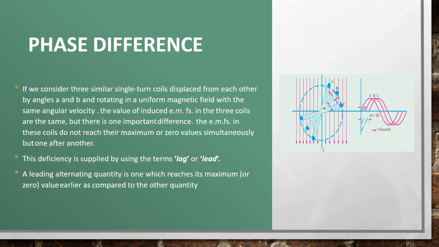The EMFs in these coils do not reach their maximum or zero values simultaneously, but one after another. This difference is expressed by using the terms lag or lead. A leading alternating quantity is one which reaches its maximum or zero value earlier as compared to the other quantity.